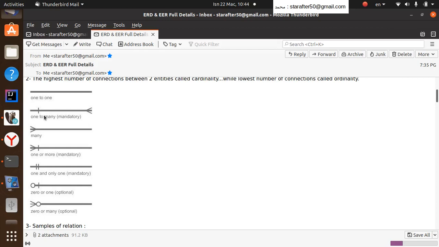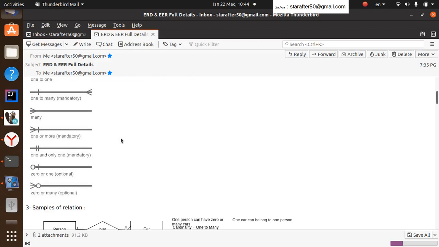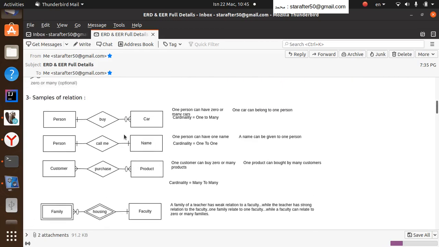These are the main cardinalities and ordinalities available. Many to one, zero to one, one and only one, many or one to many. These are the basic cardinalities and ordinalities available, which you can use to connect two entities.